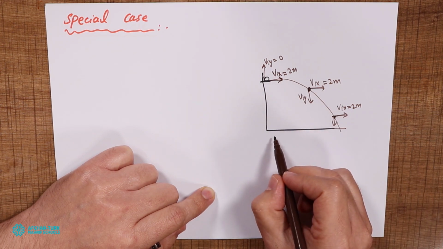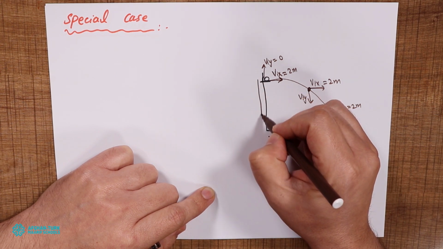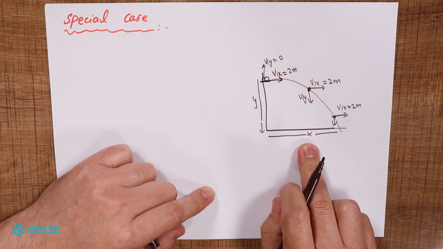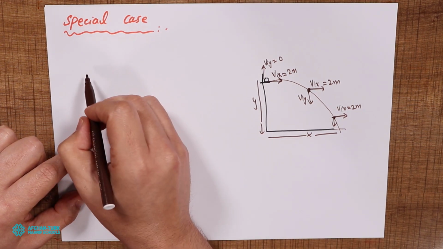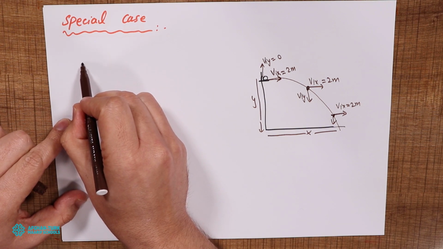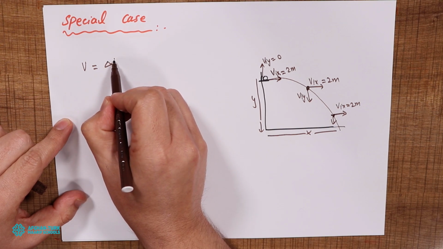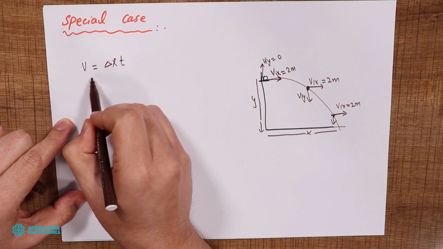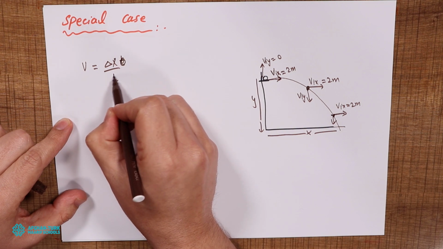So now here we can find two things, this distance and this height, which is denoted by y. If we find this x or displacement, we know that velocity is normally v equal to delta x divided by t.